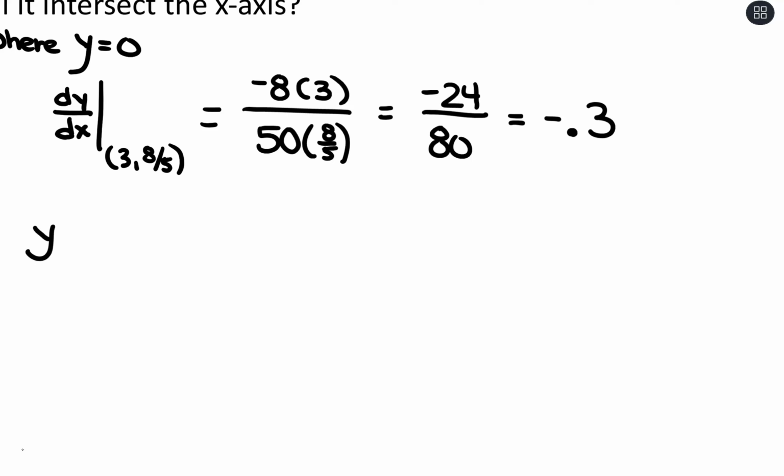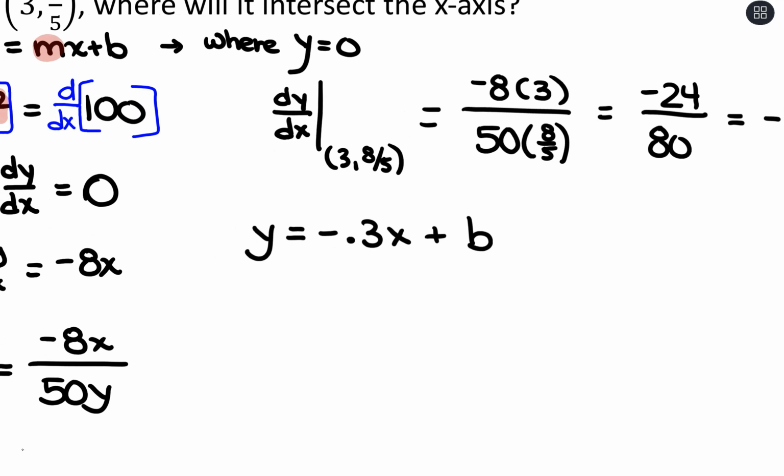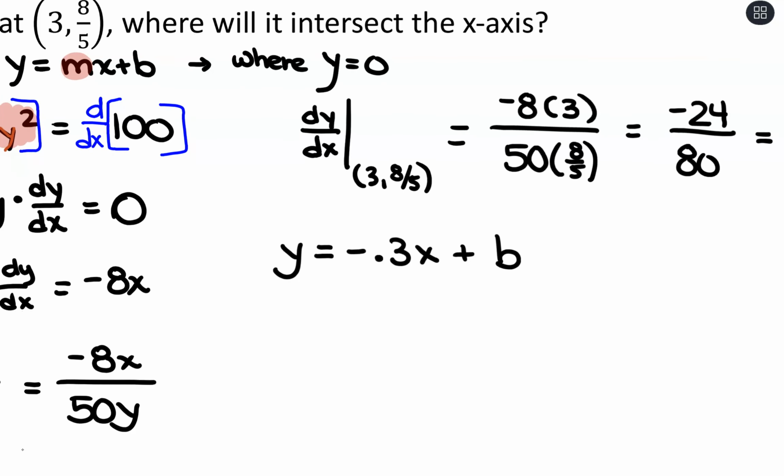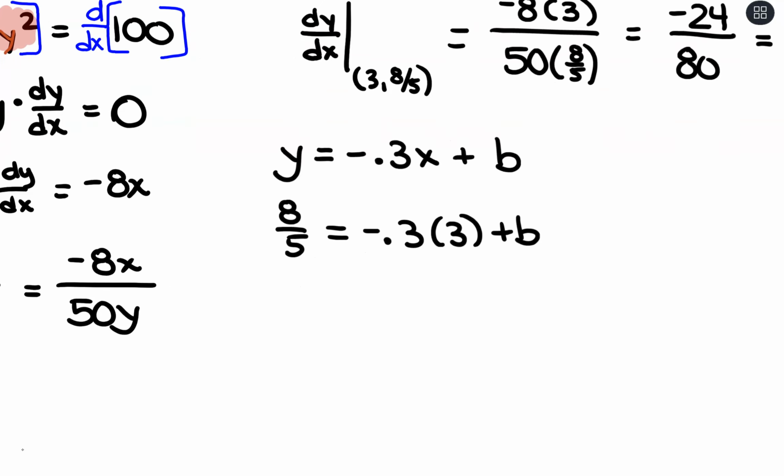So our equation is y equals negative 0.3x plus b. And to find b, let's go ahead and plug in 8/5 equals negative 0.3 times 3 plus b. Solving for b, we should get 2.5.